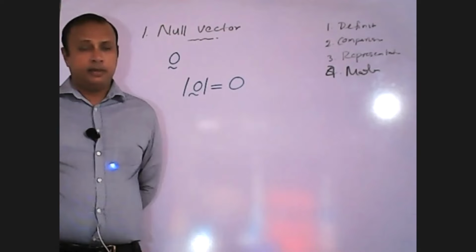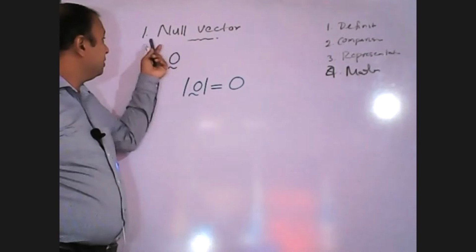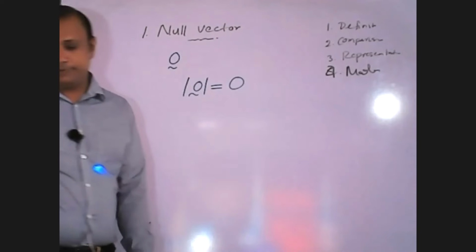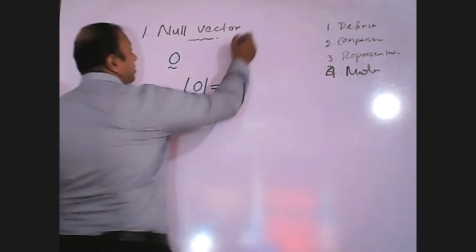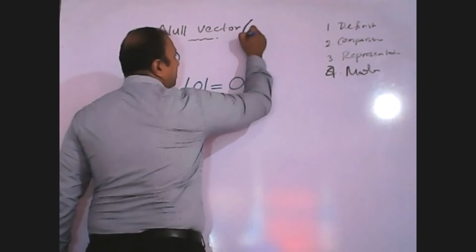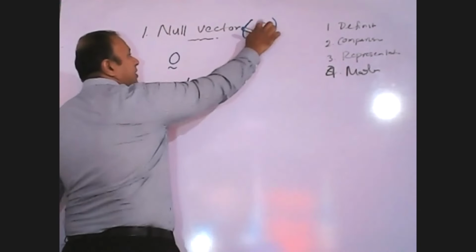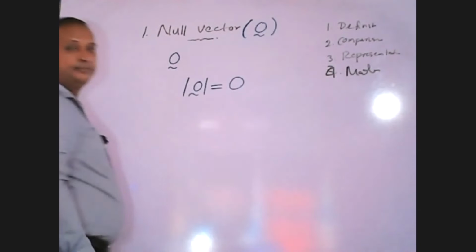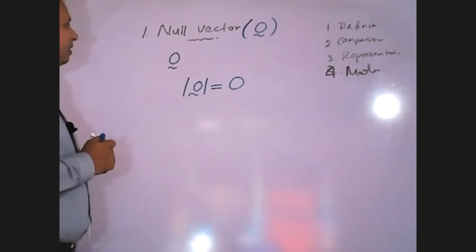The first subtopic under that topic is null vector. Within the brackets, you can write the symbol of the null vector. The symbol of the null vector is the zero vector.